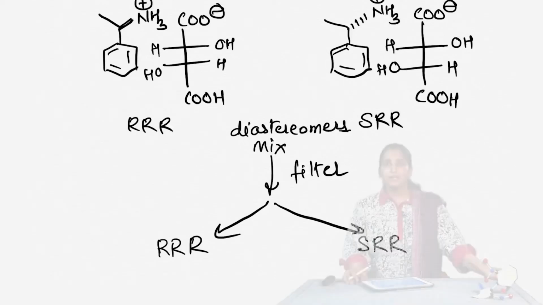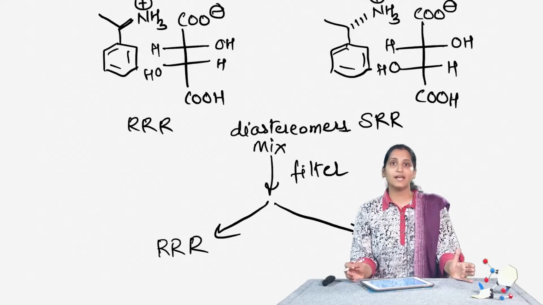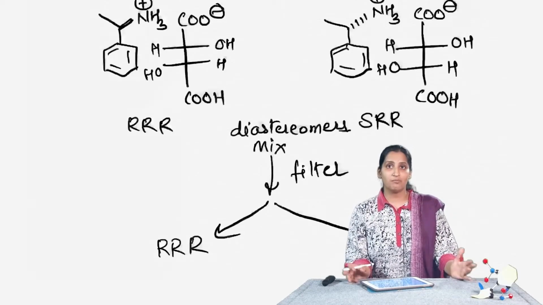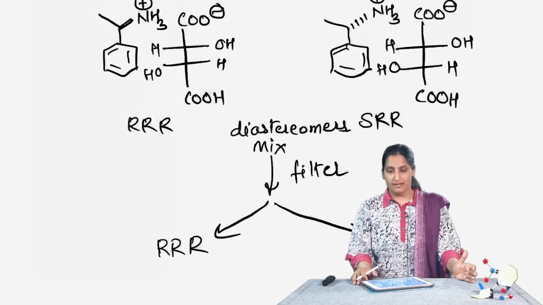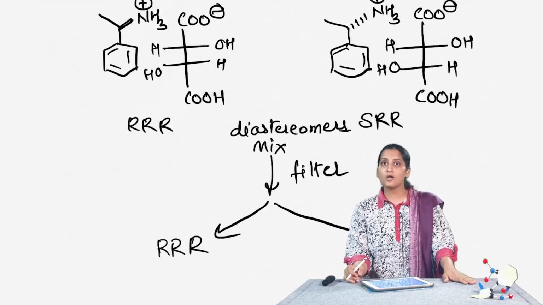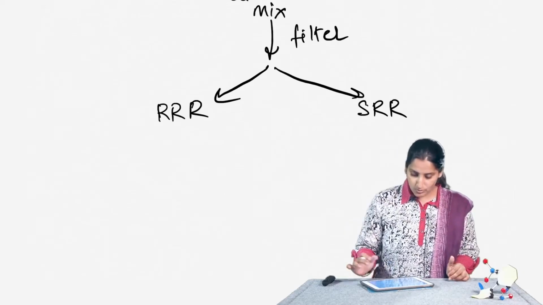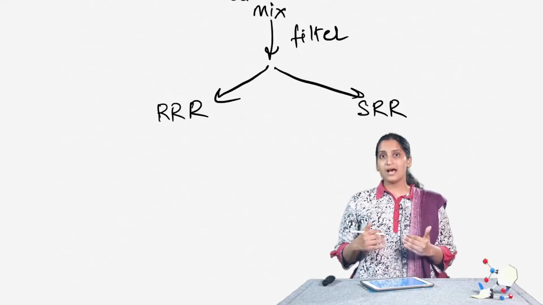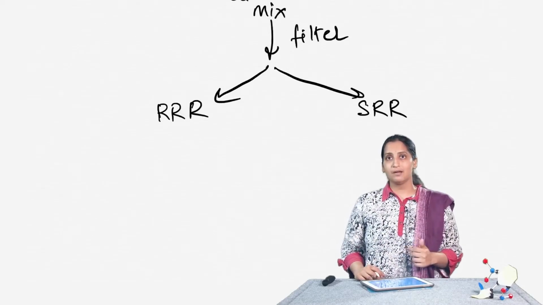Okay. Now, as I said, we have separated the two enantiomers, but they are not yet in the original form. So, my job was to separate one phenylethylamine, but right now this is a completely different salt of phenylethylamine and tartaric acid. So, now what I do is, I will convert this RRR form back into the R phenylethylamine.